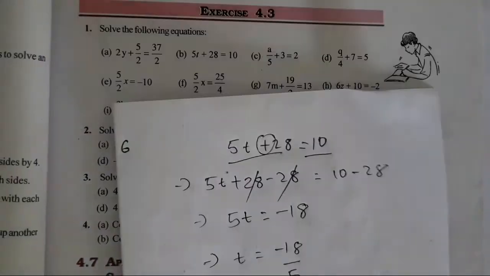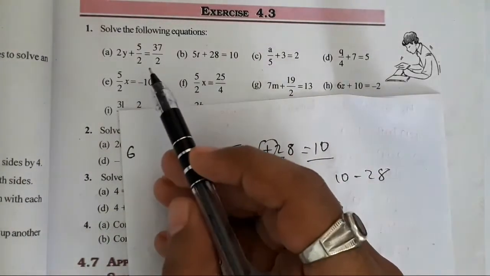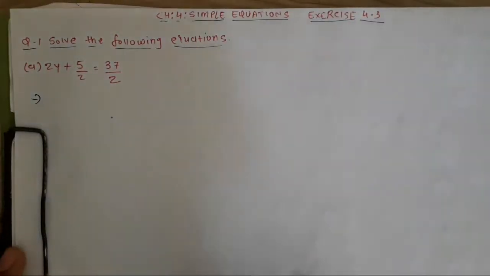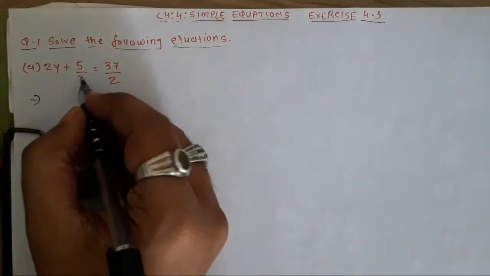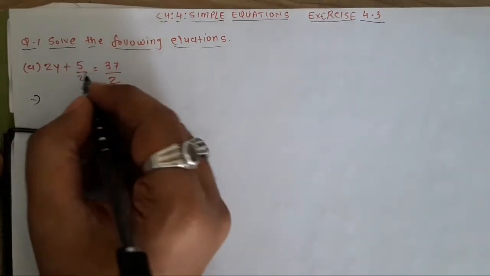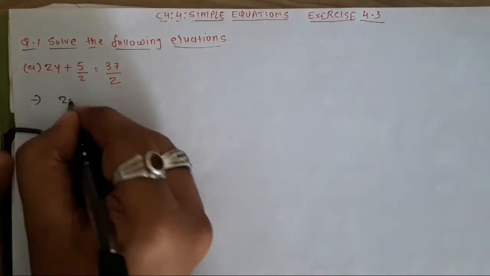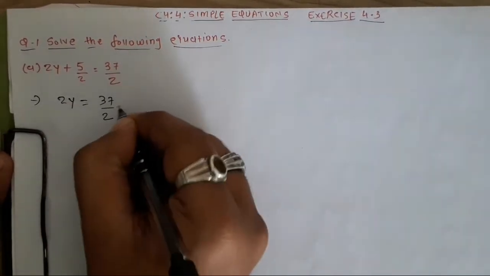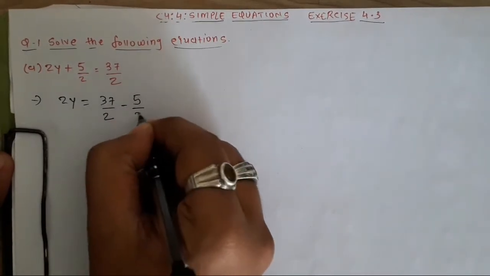So the first one is 2y plus 5 divided by 2 is equal to 37 divided by 2. Now for that one, here in the transposing method, 5 by 2 is in positive sign. If I take this one to the RHS, then it will become negative. So 2y is equal to 37 divided by 2 minus 5 divided by 2.